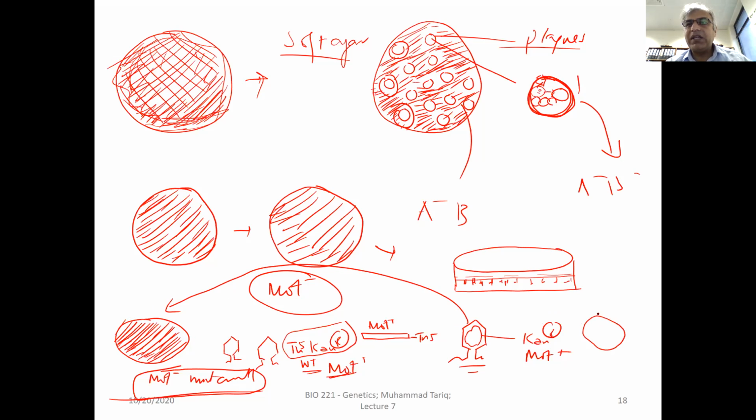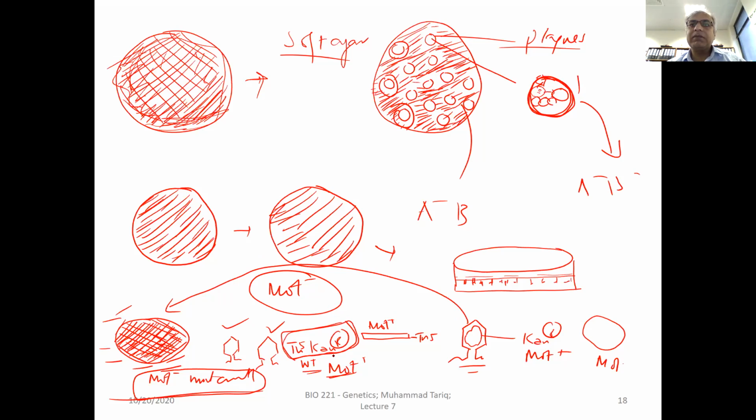So this was a bacteria, because all of them are mot minus. The lawn we drew is mot minus, immobile. In the soft agar on this lawn, we layered with these phages, which we generated from TN5 mutant population.